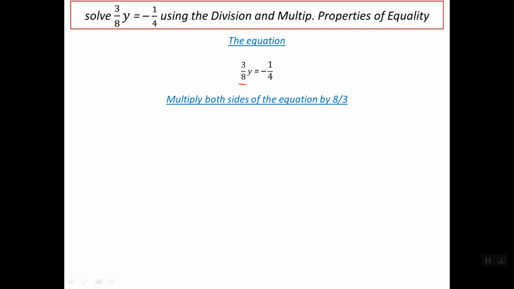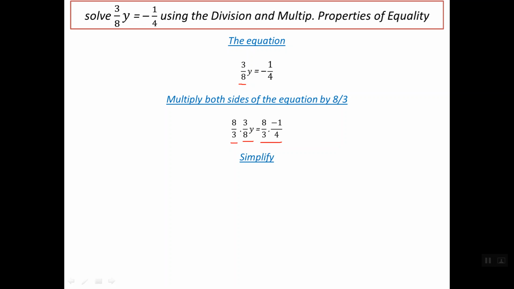So if we multiply both sides of the equation by the reciprocal, which is 8 divided by 3, we have at the left side the reciprocal of the 3/8 and the original value. And for the right side, we have 8 over 3 times minus 1/4.